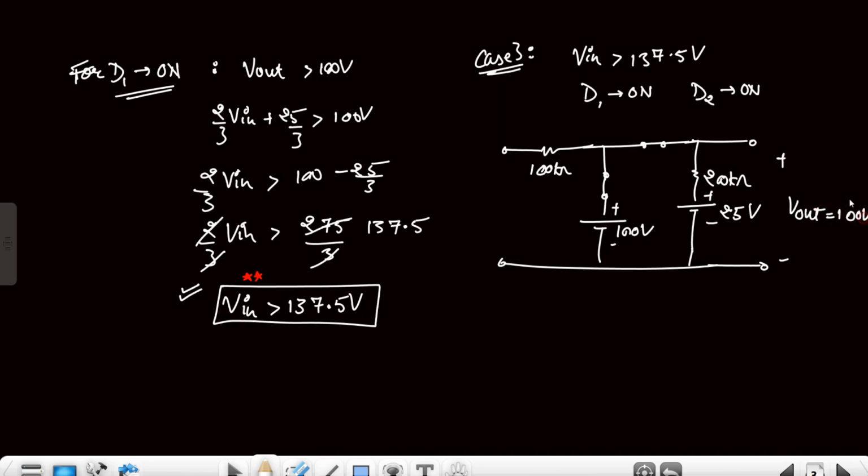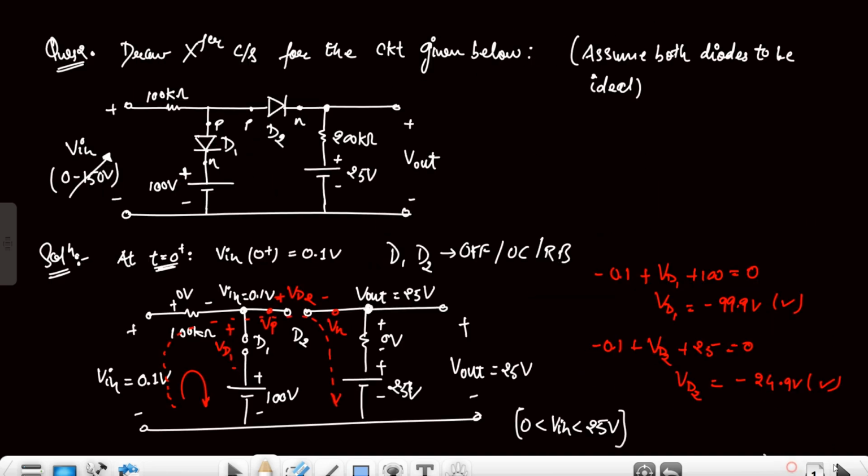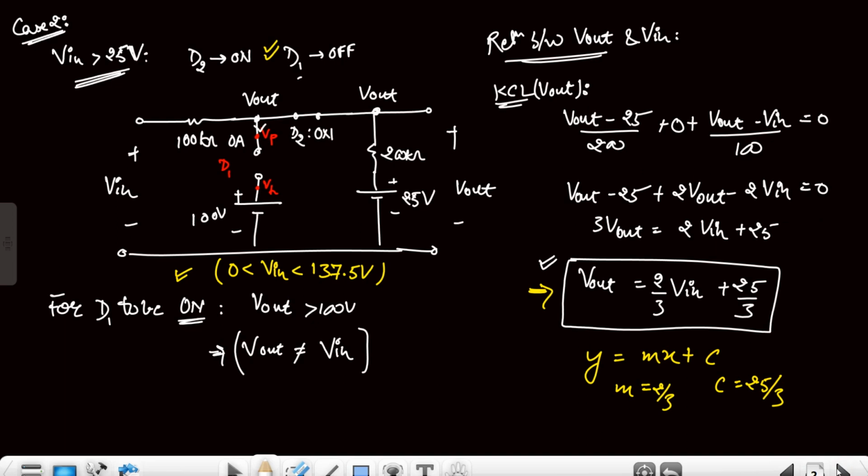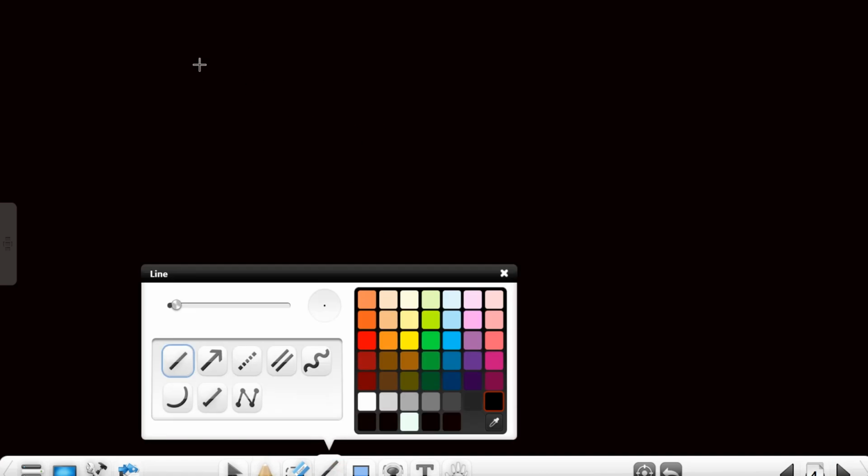So for this range, output is 100 volt. Here D1 is on, similarly D2 is on. So this is how we can proceed in this question, right? Now, what will the transfer characteristic look like here? Let's see the transfer characteristic.